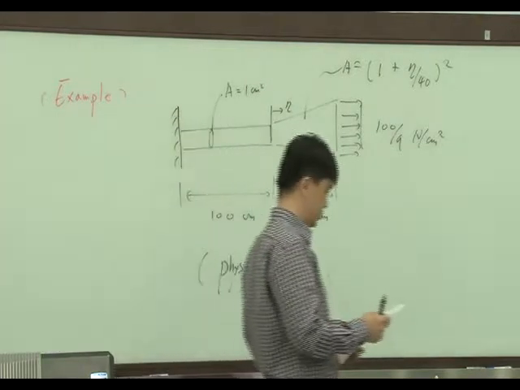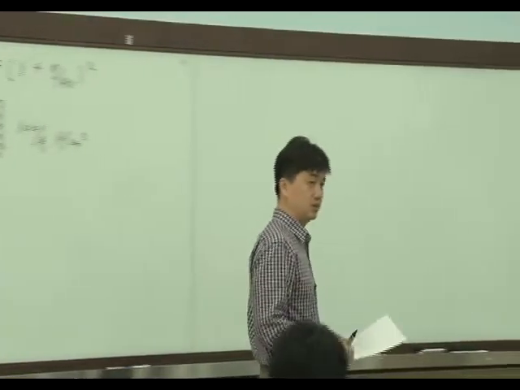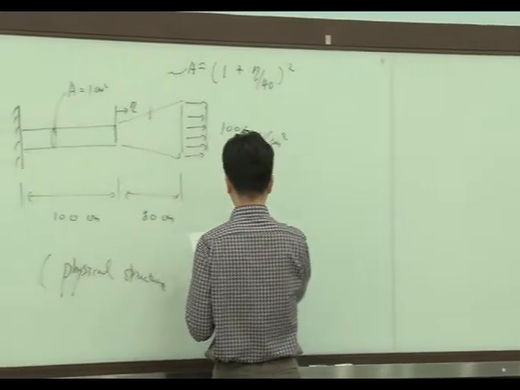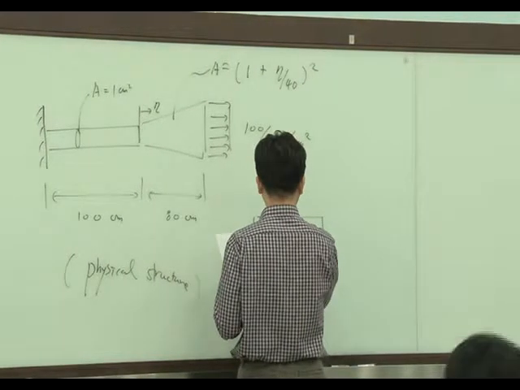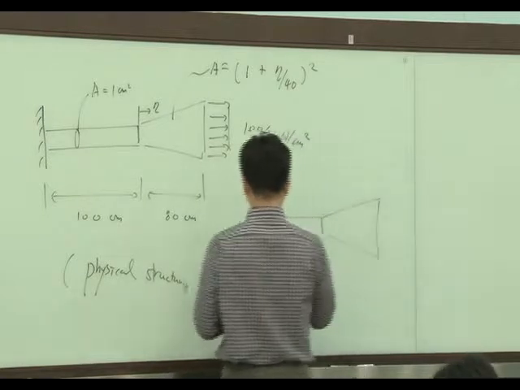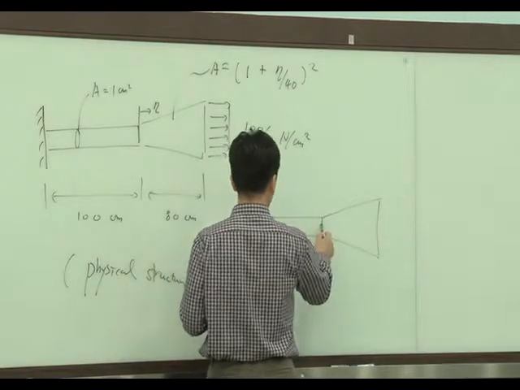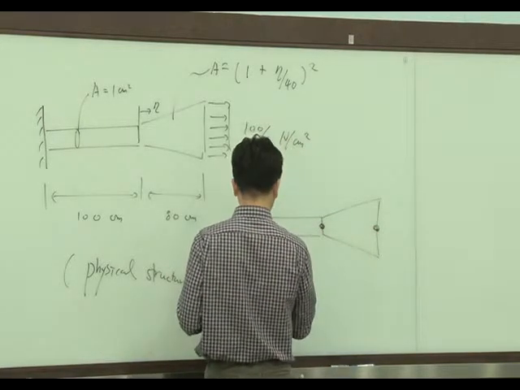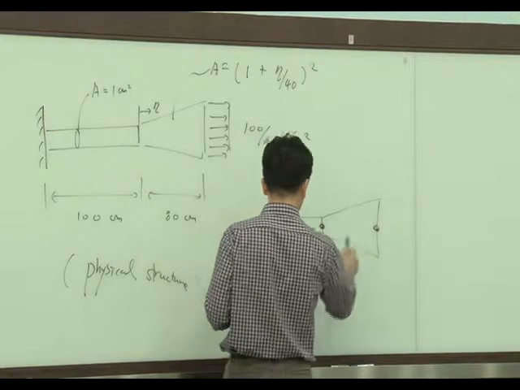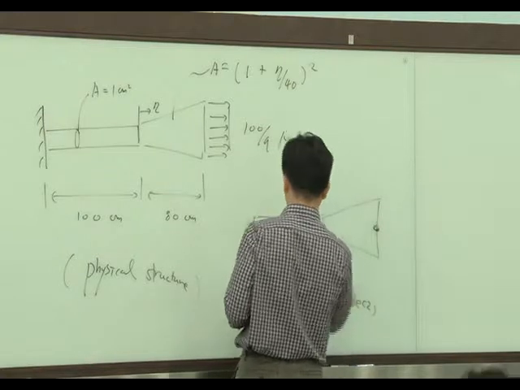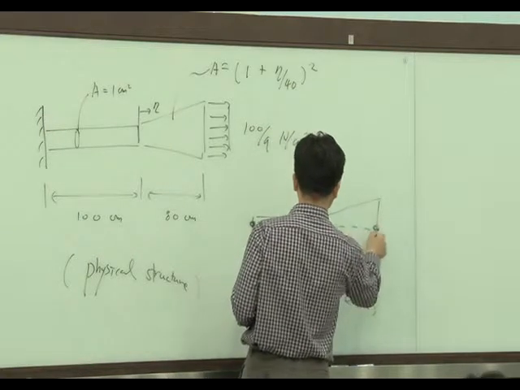Okay, the first thing we need to do is discretization. I need to discretize this physical structure with finite elements. Let's consider only two finite elements, both with two nodes. This is element 1, and this one is element 2. Both have a midline here.